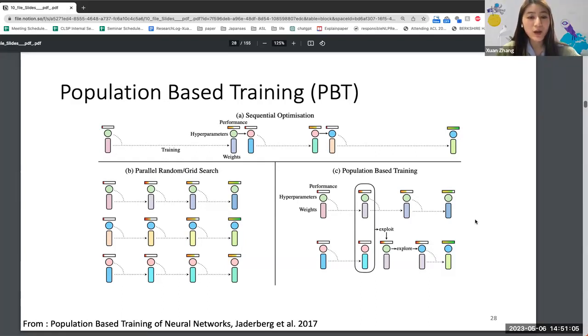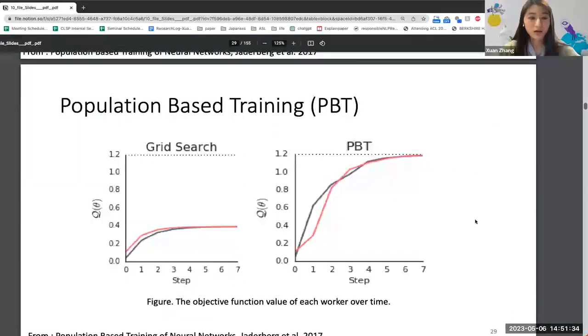If a model in the population is underperforming, it will exploit the rest of the population by replacing itself with the parameters of a better performing model and modifying the better model's hyperparameters to explore new ones. PBT often results in faster learning while using fewer computational resources. This figure shows that compared to grid search, PBT can find better solutions more quickly.